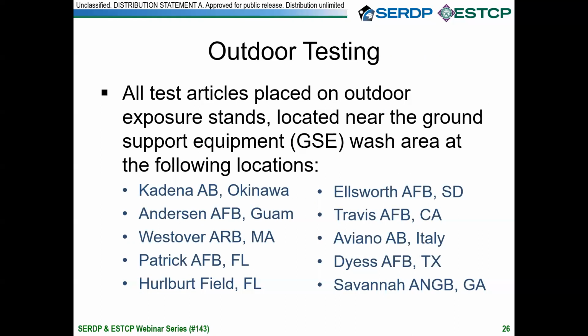And then we have Westover, Hurlburt, Ellsworth, Travis, Aviano, Dias, and Savannah. And that gives us a pretty good cross-section of the aircraft that are included in this test as well, which is the C-130, C-5, B-1, and H-60, giving us a pretty good representation of various different aircraft across the fleet.